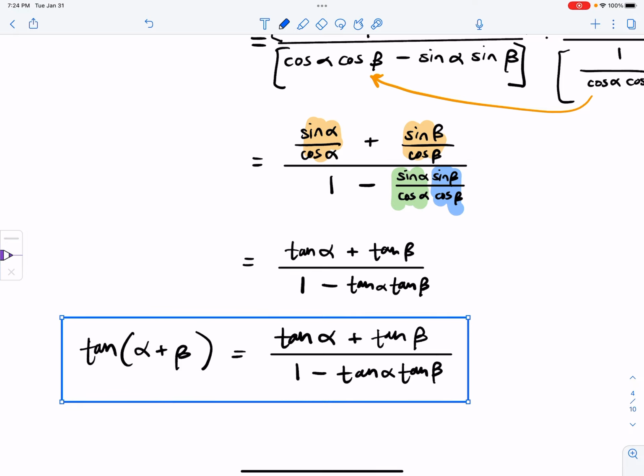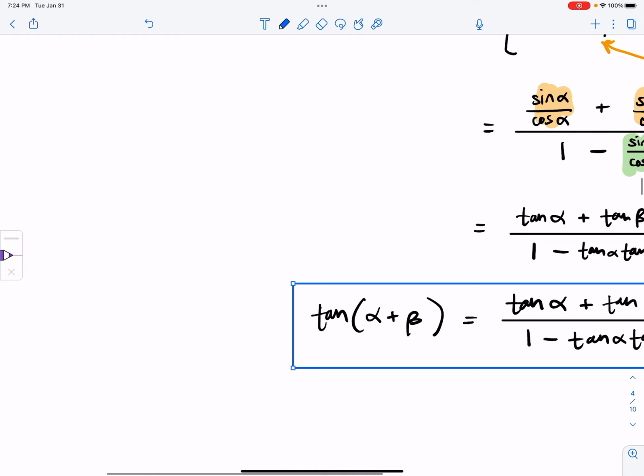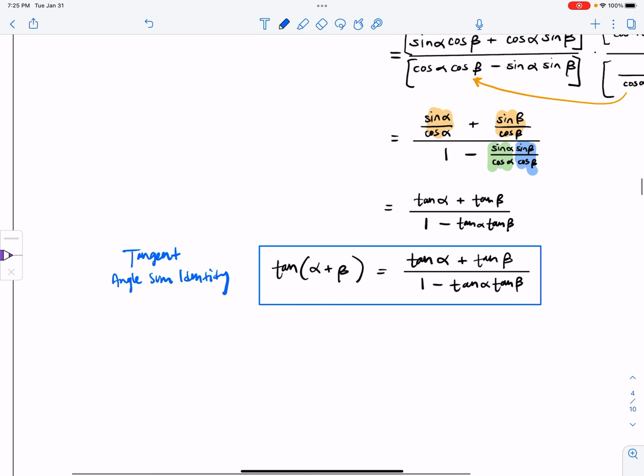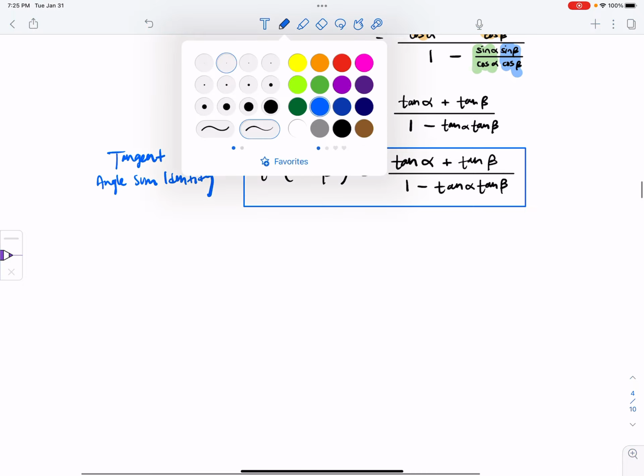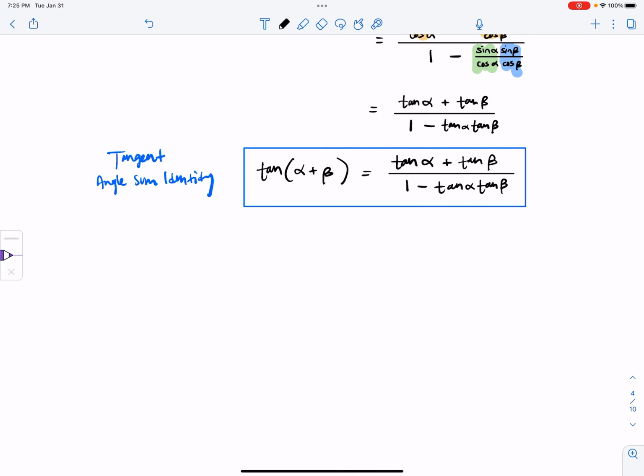Okay, so this is the tangent sum identity, angle sum identity. Okay, so we have the tangent angle sum identity. What about the angle difference identity?